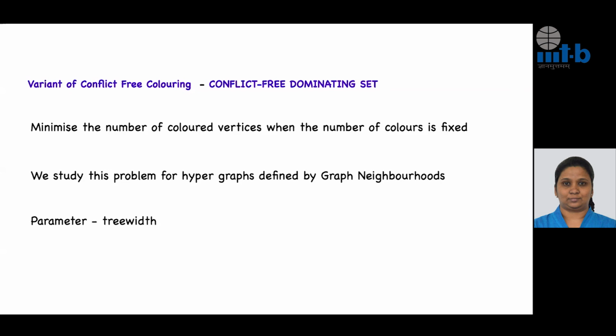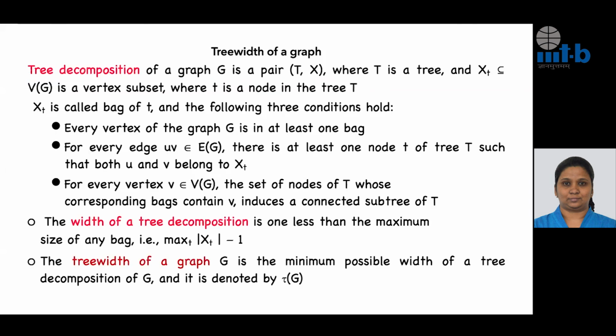For the sake of completeness, I will state the definition of treewidth. Even if you are not following it, it's fine, it's not much needed. Given a simple graph G, the tree decomposition of the graph corresponds to decomposing the graph in the form of a tree, where every node of the tree corresponds to a subset of vertices of G. It also has three properties.